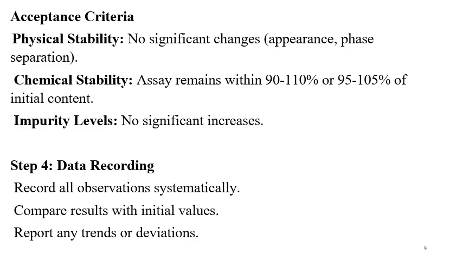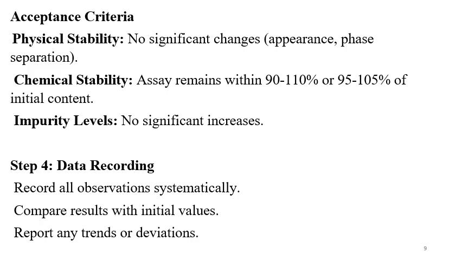Physical stability: no significant changes in appearance, phase separation. Chemical stability: assay remains within the predetermined specifications like 90 to 110% or 95 to 105% of the initial content. And impurity levels: no significant increase in the impurities.